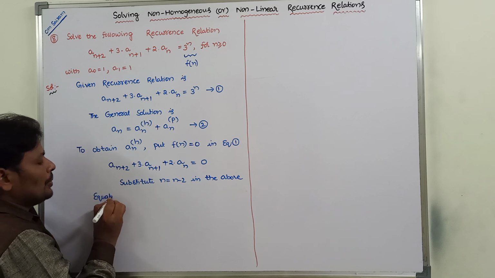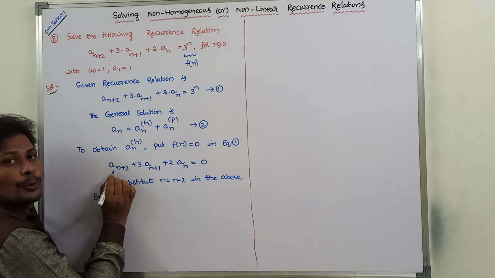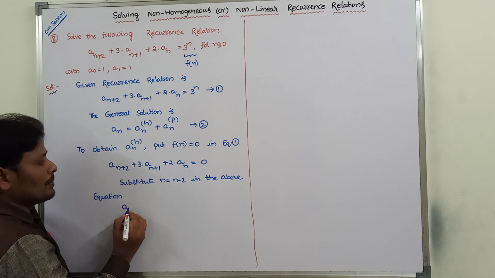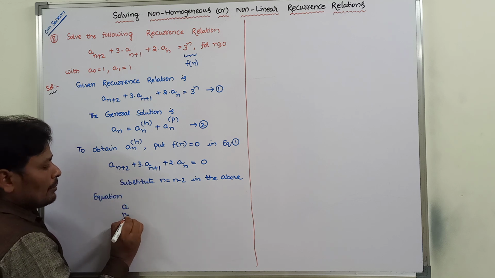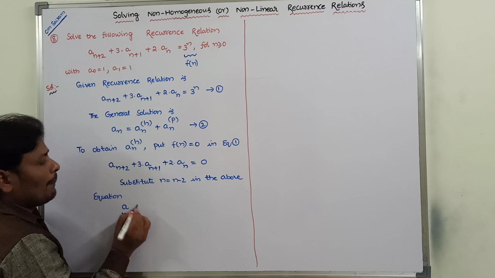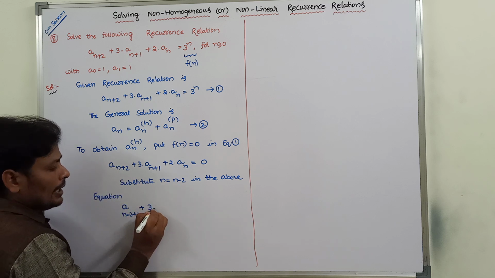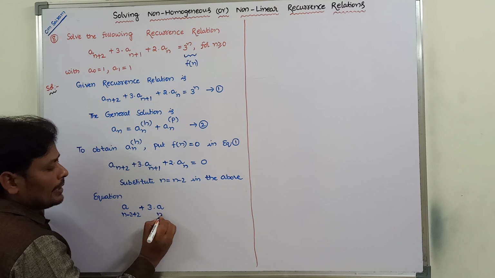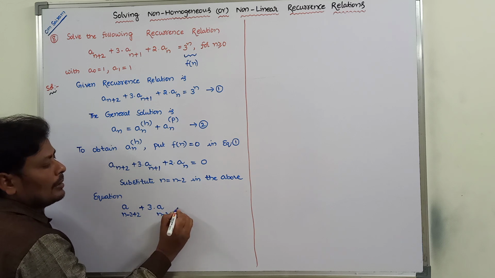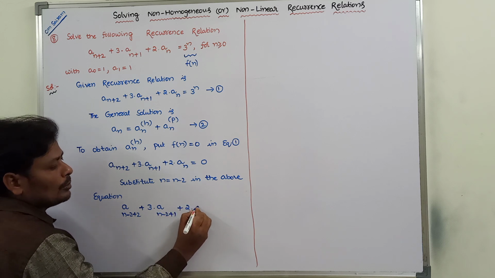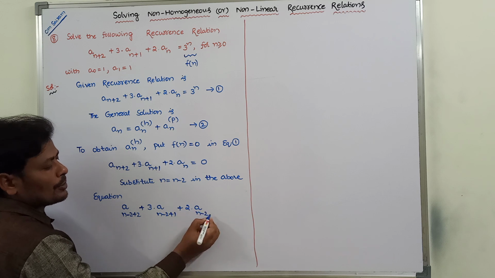After substituting, it becomes a suffix n minus 2 plus 2. In the place of n, we are substituting n minus 2: plus 3 into a suffix n minus 2 plus 1, plus 2 into a suffix n minus 2.